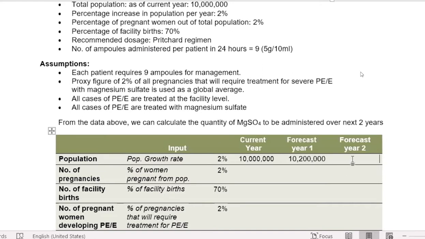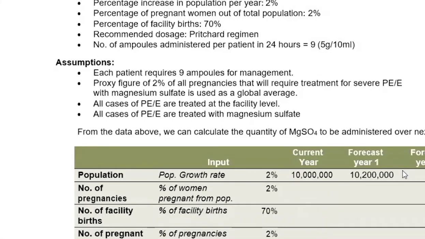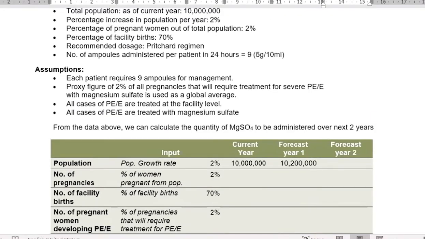2% of 10 million 200,000 will give you what value? It will give us 204,000.